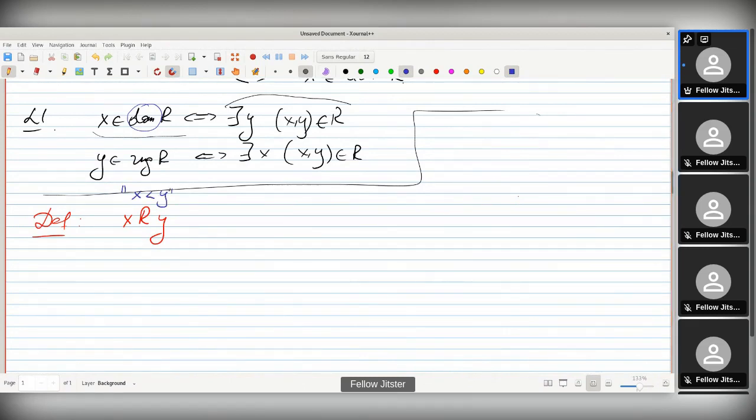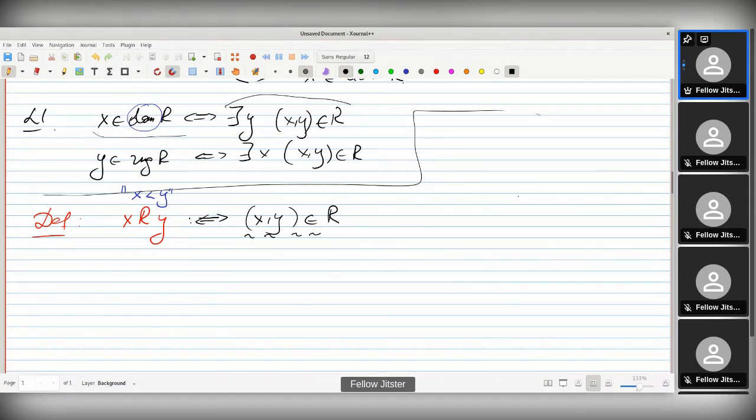We shall see that less than is also a binary relation. xRy will stand for just the pair xy being an element of R. So we have saved 4 symbols. These 2 brackets, comma, and this elementhood sign. So xRy means that the pair xy belongs to R.